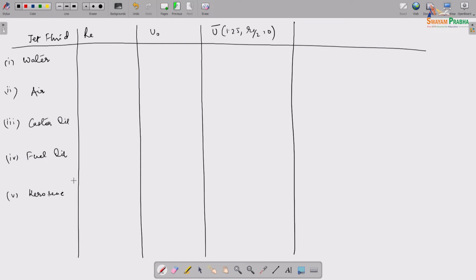Okay, so the Reynolds numbers that we calculated for the water is 3 million. For air, it's 5.45. Castor oil is 1471.